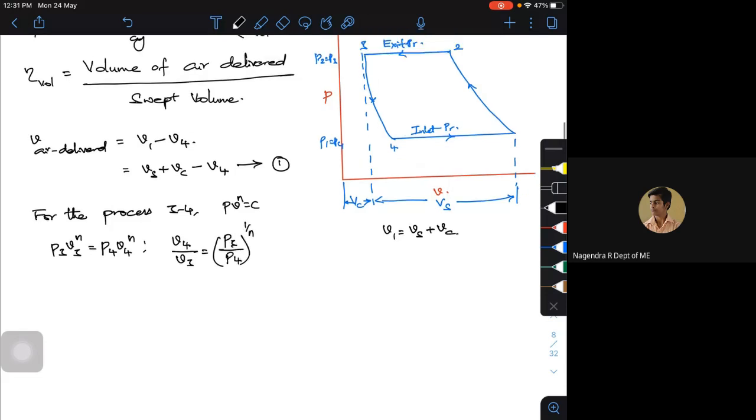What is P3? P3 is equal to P2 and P4 is equal to P1. So I can write this as P2 by P1 whole to the power of 1 by n.